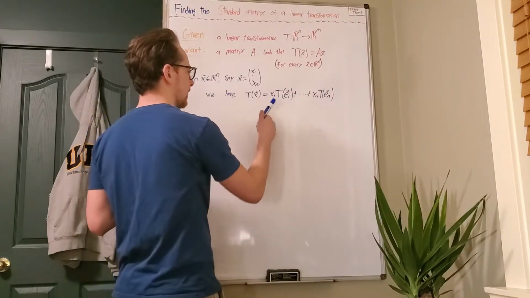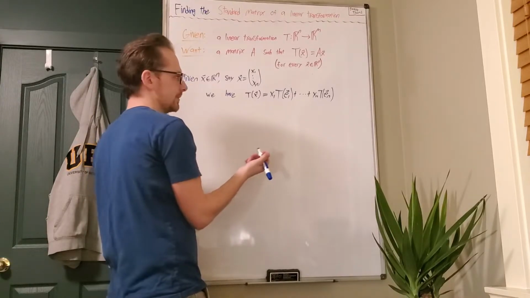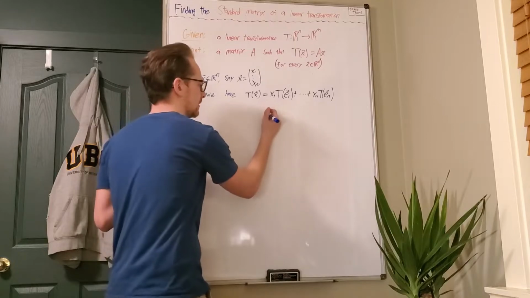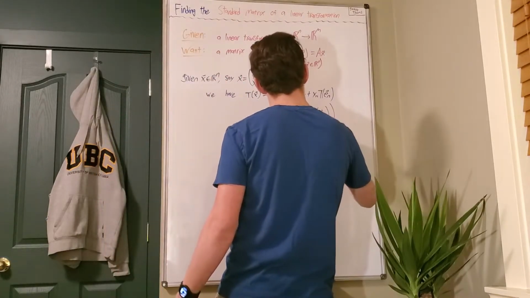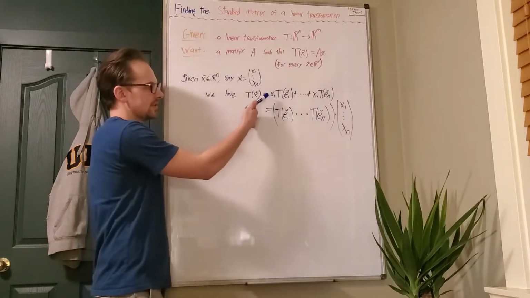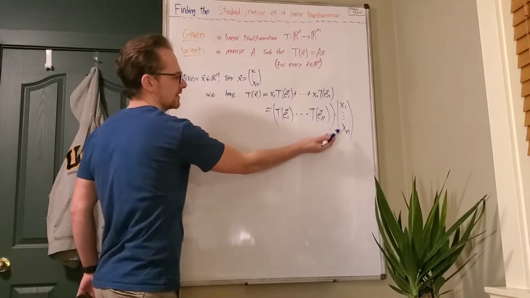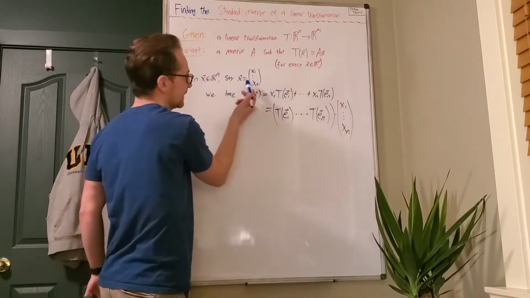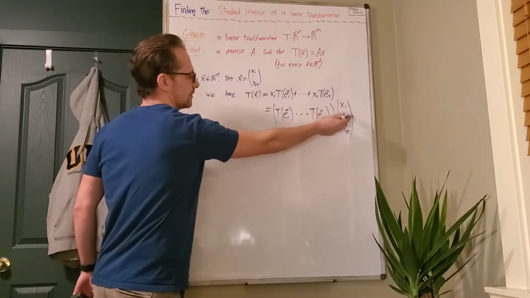And also, with this being x1 through xn, what we can do is write this whole equation here as a matrix vector multiplication, where this is just our vector x in Rn, x1 through xn.